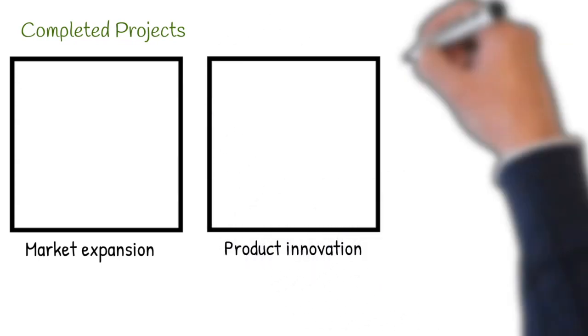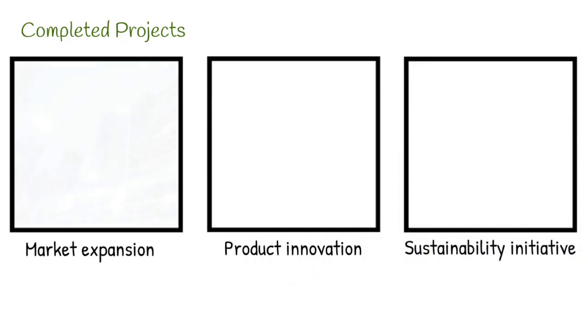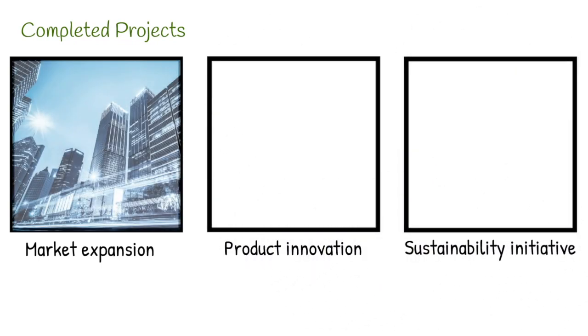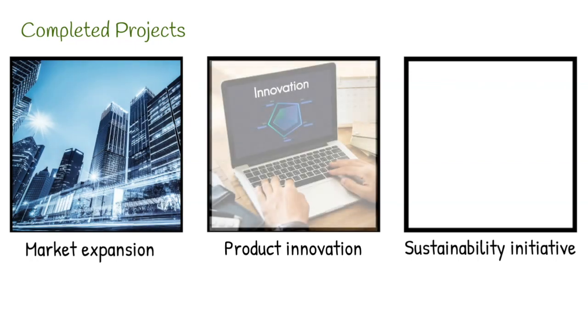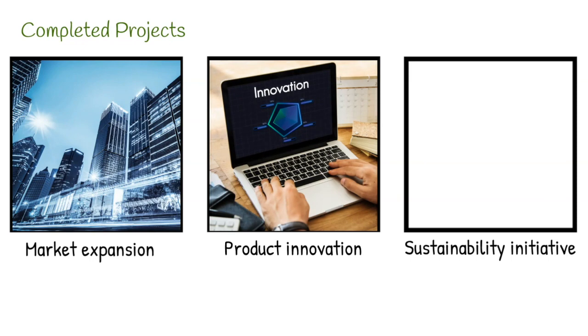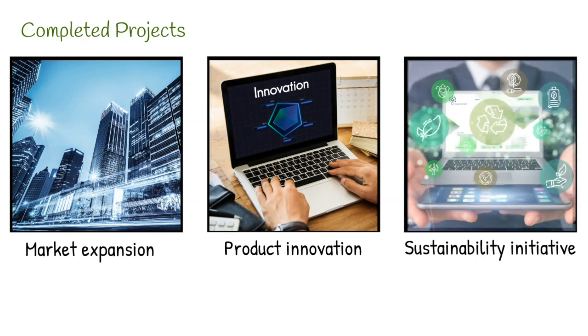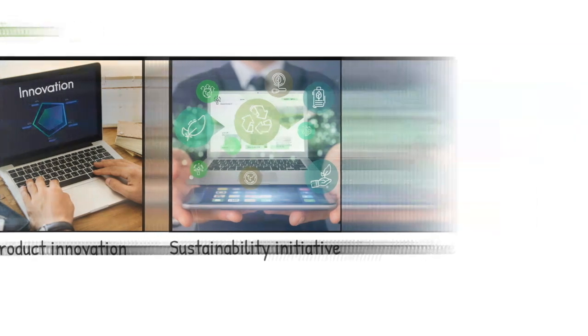We're proud of the many projects that we completed in 2023, particularly these three. Market expansion, where we successfully entered new markets in Europe, Asia, and South America. Product innovation, where we developed and launched a new product line, driving a 35% boost in sales. And our sustainability initiative, where we implemented eco-friendly practices, reducing waste generation by 40%.